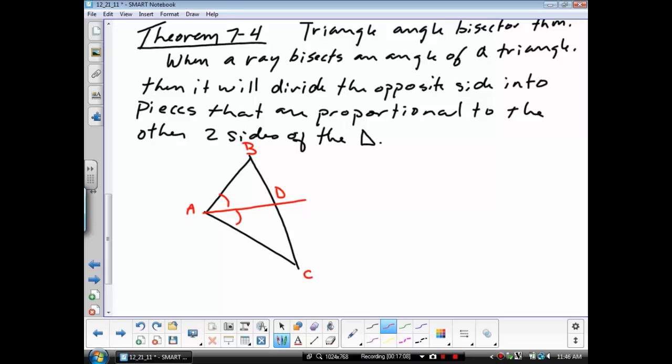So our given here is that AD bisects angle BAC.